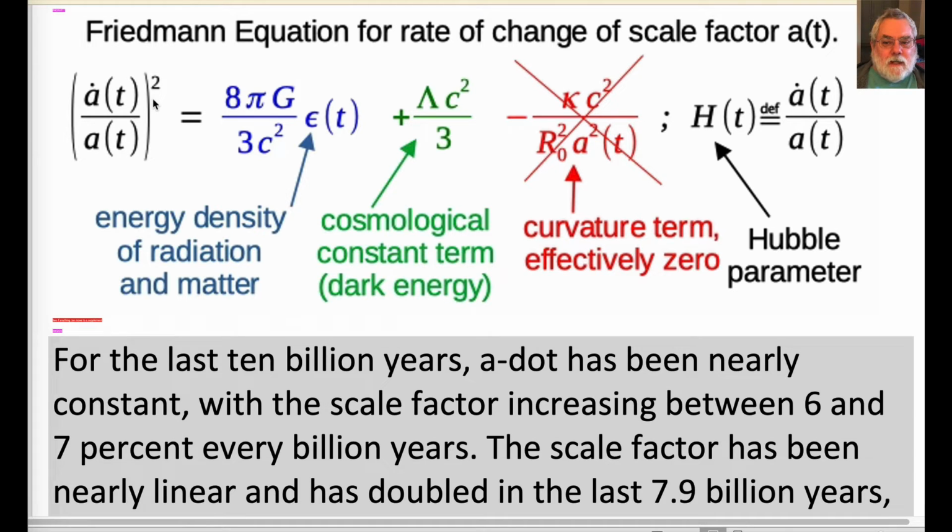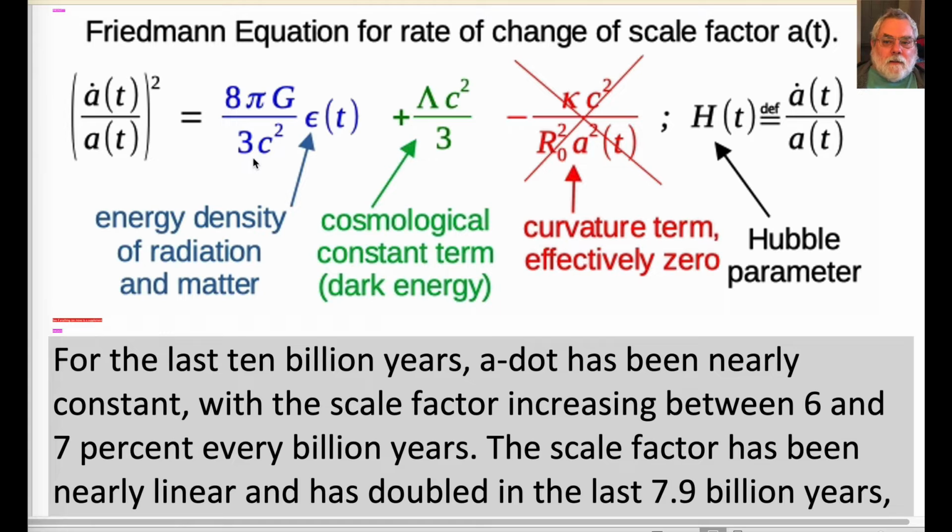The left-hand side is somewhat like the kinetic energy of the expansion of the universe, and the right-hand side is somewhat like the total energy minus the gravitational potential energy of the universe, but this is only a rough interpretation.